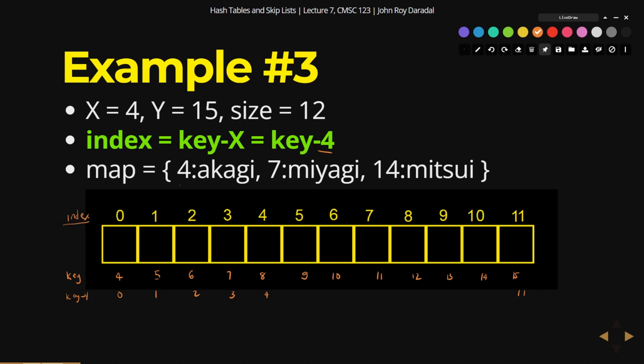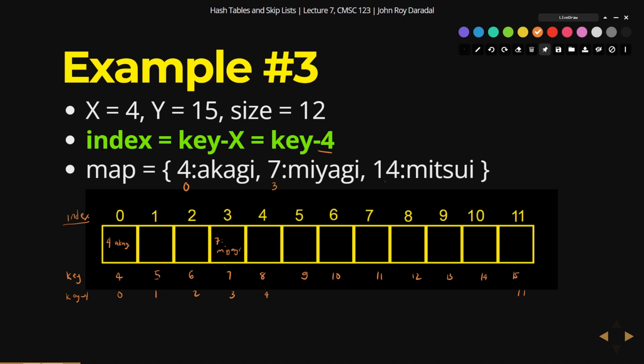So if you put this map here into the array, so 4 Akagi would be placed in 4 minus 4. This will be 0. So it would be placed here, right? 4 Akagi. And then 7 Miyagi would be placed at index 7 minus 4. That would be index 3. So that would be here. So this is 7 Miyagi.